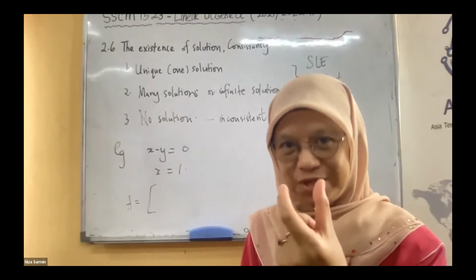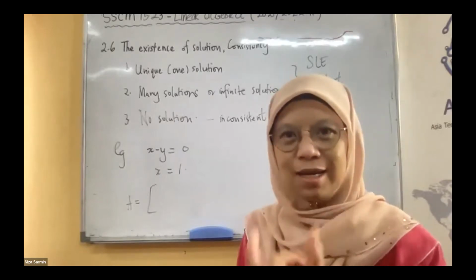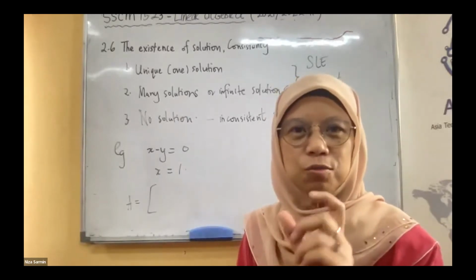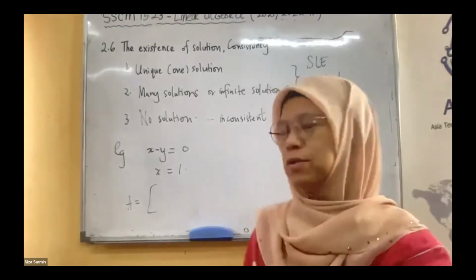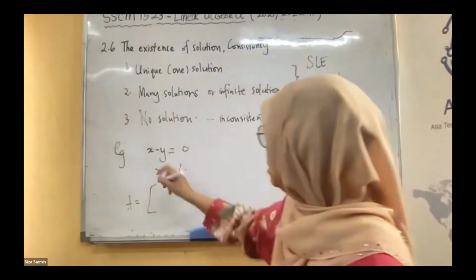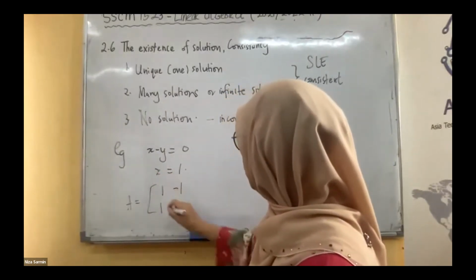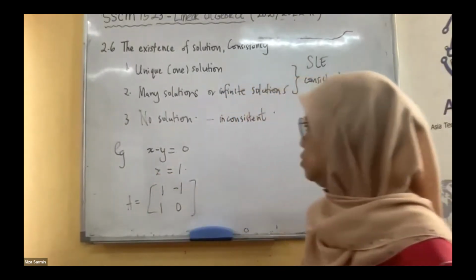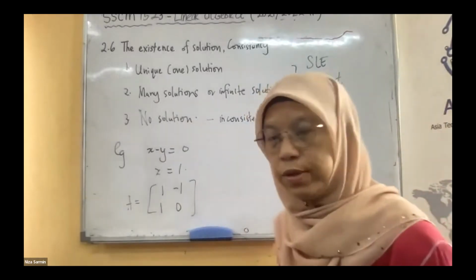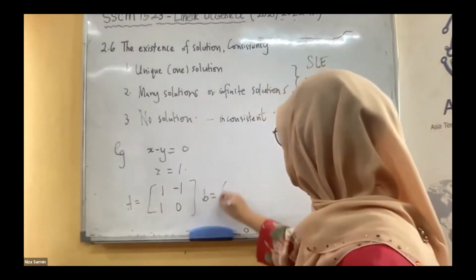So you really have to check, make sure it's X, Y, and so on. So the A here, the first one is 1, -1. This one 1, but there is no Y, so it's 0. So don't get confused with this. And B is 0, 1.